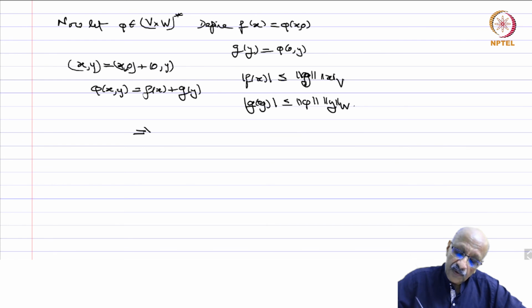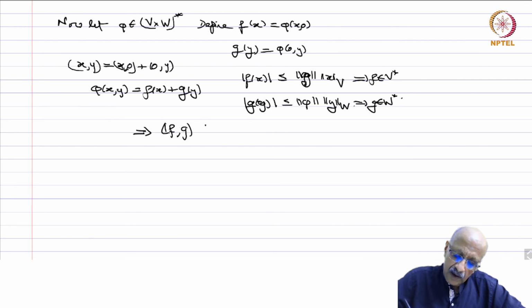This means f is in V star, and this also means g is in W star. Therefore (f, g) will belong to V star cross W star.